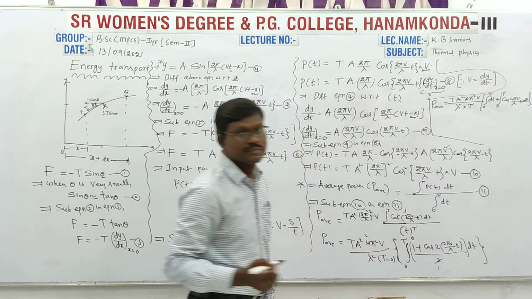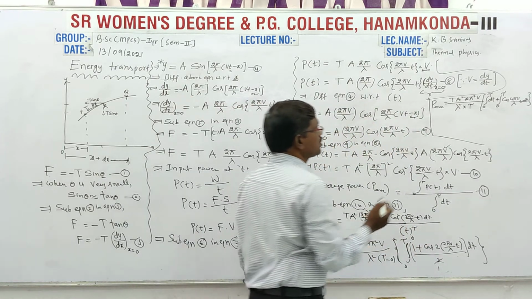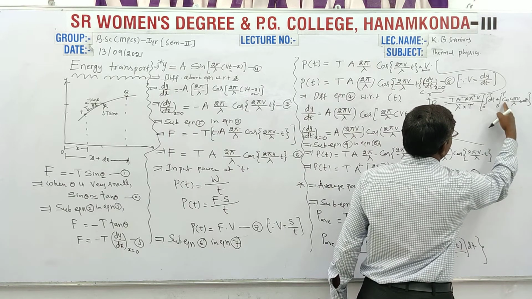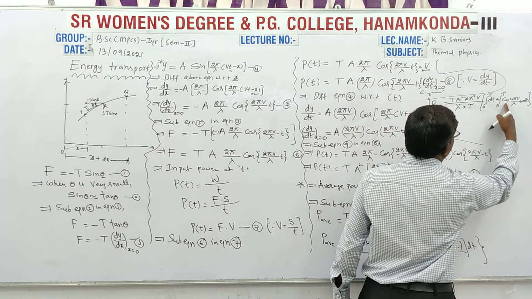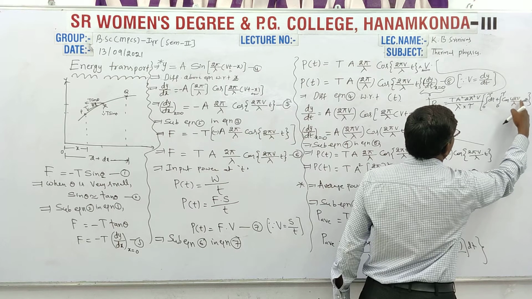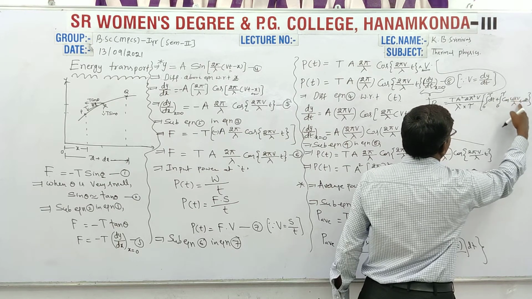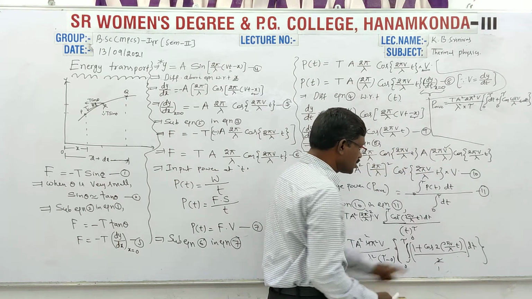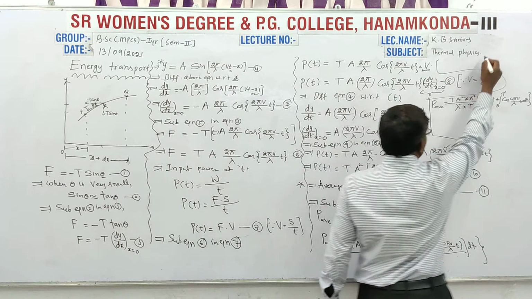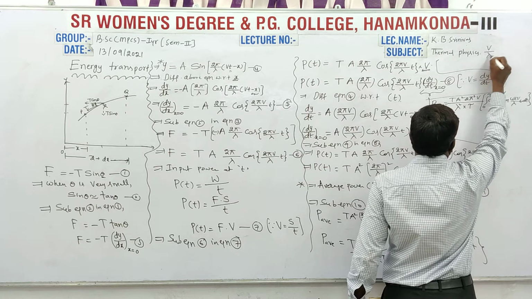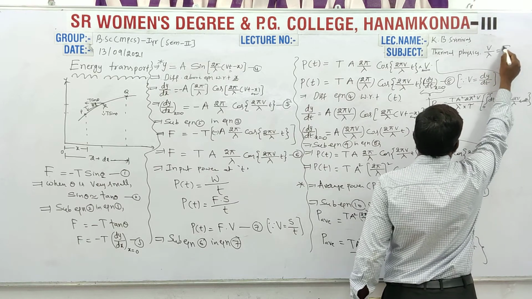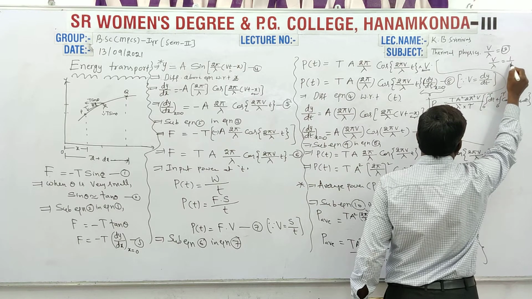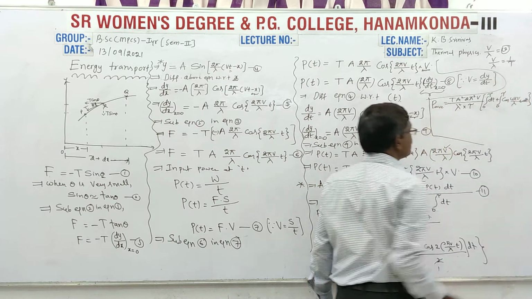Is that clear? Right. So this term becomes, after integration, cos becomes sine. If you substitute tau instead of t, this total term becomes 0, because this v by lambda, that is nu, is nothing but 1 by capital T, that means tau.